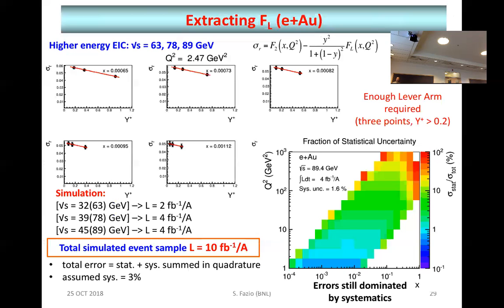We are really challenged by systematics, as shown here where we plot the ratio between statistical uncertainty and total uncertainty. You can see that the statistical uncertainty is basically 1 to 3% unless you go to very high Q squared.